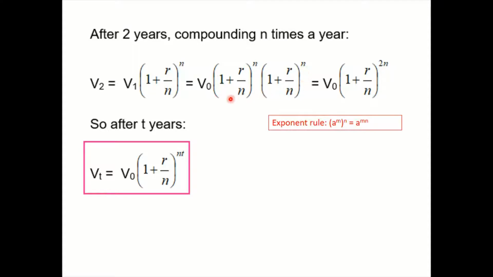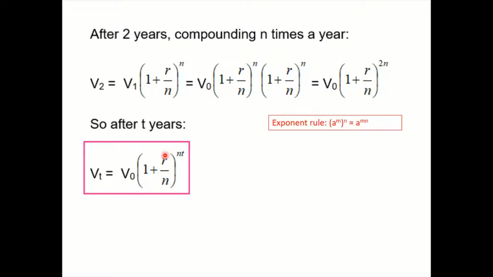So to simplify this expression, we would have V naught, the original investment, times our bracket raised to the power of 2 for 2 years, times n, the number of times that we compound.